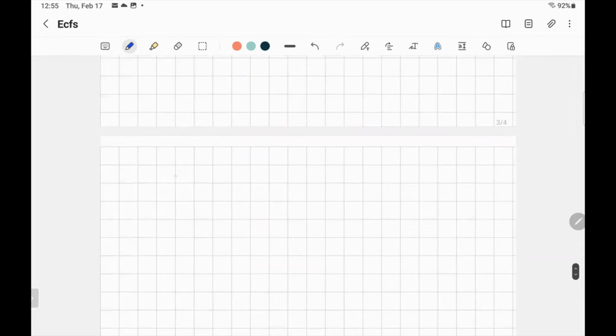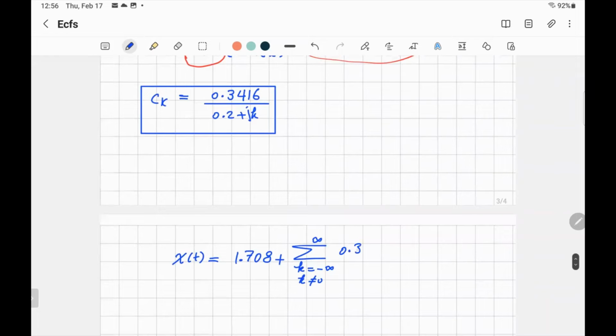Now x of t can be expressed like that. c naught equals 1.708, plus the sum over k from negative infinity to infinity, but k not equal to 0, of 0.3416 over 0.2 plus jk, times e to the power positive jk omega naught, where omega naught equals 1, times t.